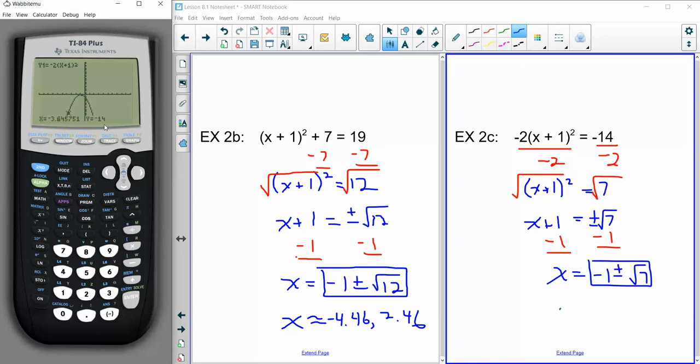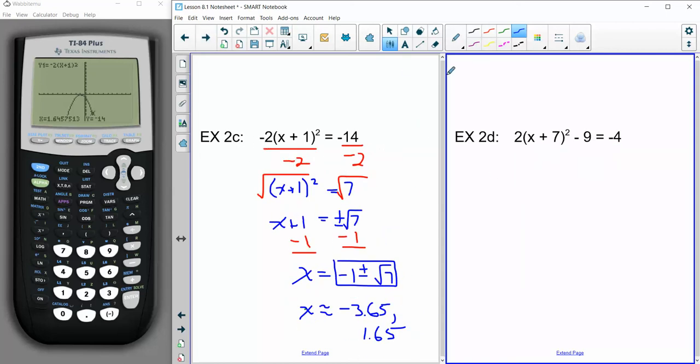That is exactly negative 14. So we could say one of our approximate answers is negative 3.65. And the other one, negative 1 plus the square root of 7, also negative 14. It's about 1.65. So those are approximate. This is exact.